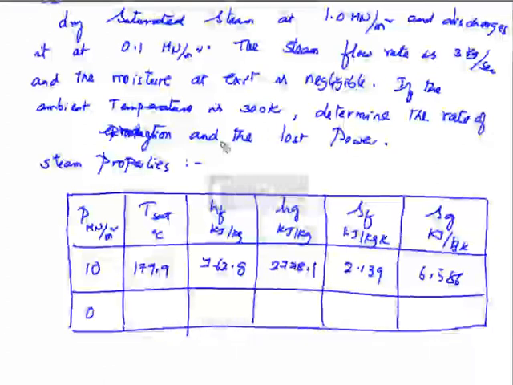Corresponding to 0.1 meganewton per meter square, saturation temperature is 99.6, HF is 417.5, Hg is 2675.5, SF is 1.303, Sg is 7.359. This is a table given along with the problem.